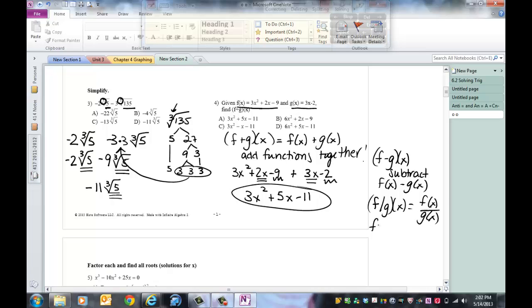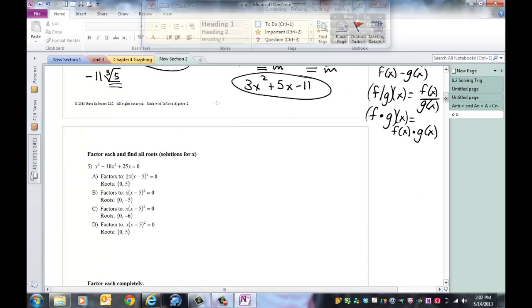And if I said something like f, and you'll see a star, maybe a dot in there, f times g of x, just like the others, I'm asking you to take the f function and multiply it by the g function. Please do not let these notations throw you off. I am telling you to add, subtract, multiply, or divide the 2 functions. That is as hard as it gets.